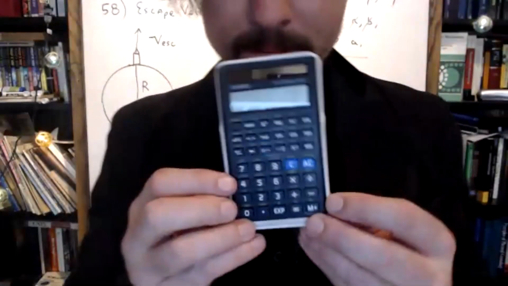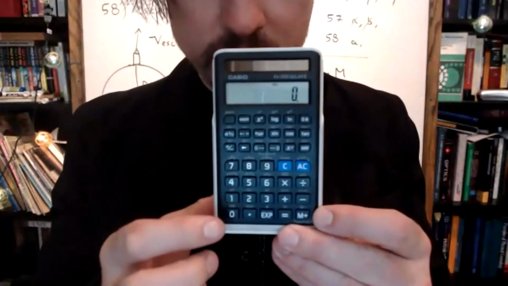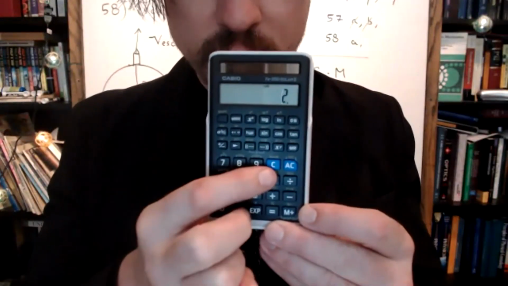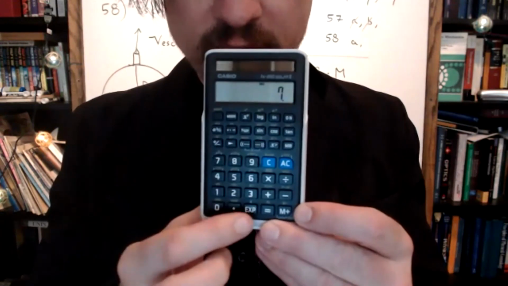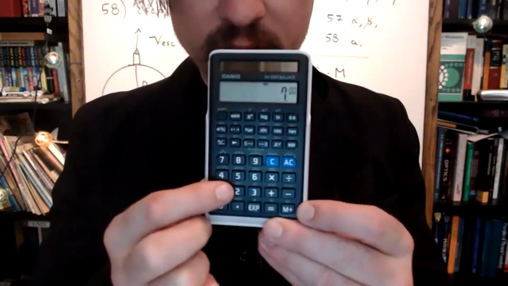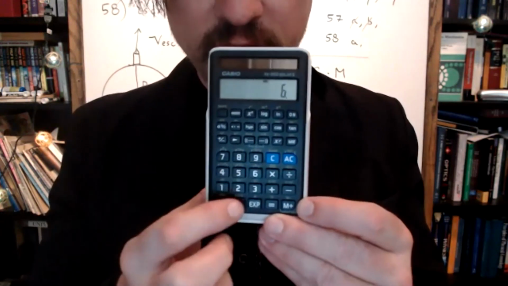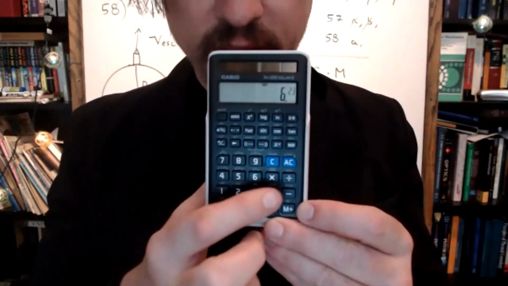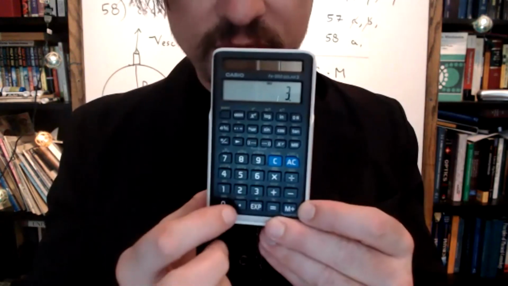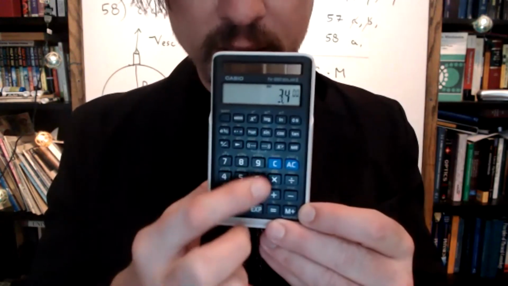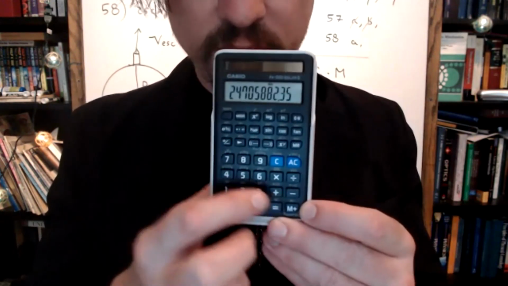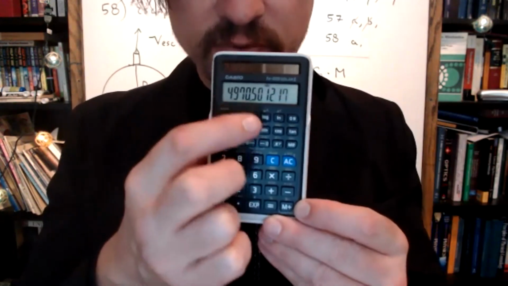Why don't we do this one more time for the people in the back, okay? 2 times 7 exp negative 11 times 6 exp 23 divided by 3.4 exp 6, then equals, then shift square root.